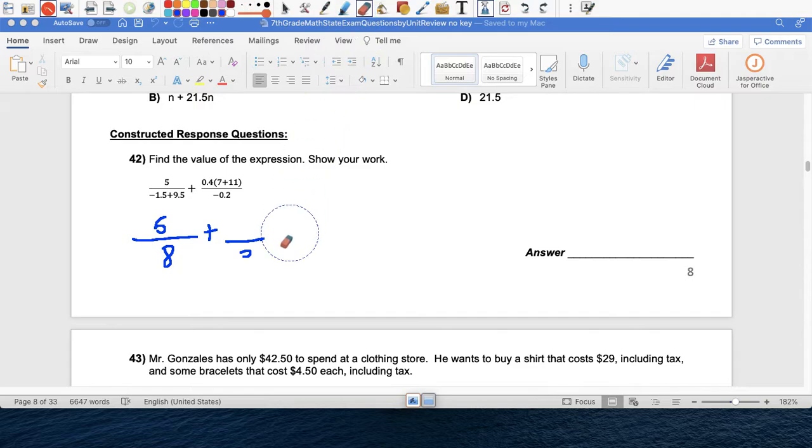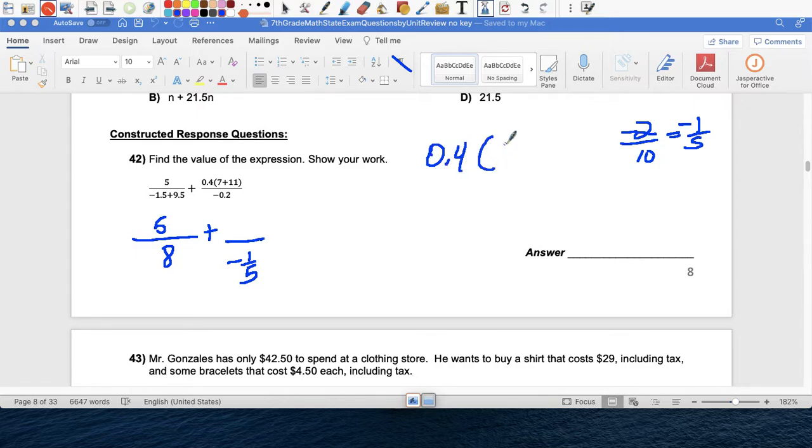Change that to negative 1/5. Okay. So that would have been written as 2 over 10. You can simplify it to 1 over 5. Negative, by the way. So I would change that. On top here, 0.4. So let me do that top part. So 0.4. This is 18, right? And then hopefully 0.4 times 18 is 7.2.